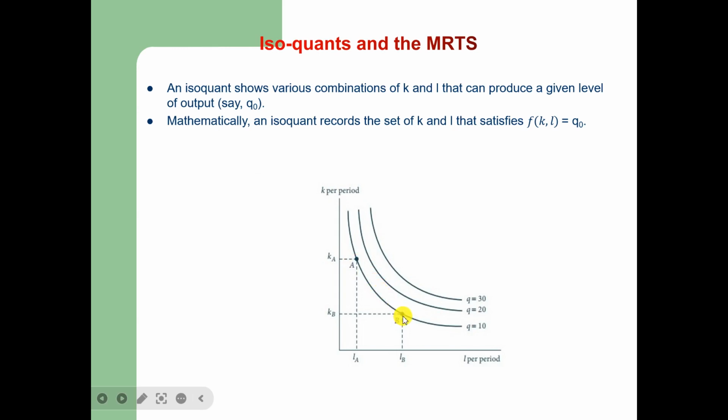There is another combination B, which implies LB units of labor and KB units of capital, and this combination also is capable of producing output level equal to 10. So all combinations on this curve will produce 10 units of output. Similarly, combinations on this isoquant will be able to produce output level equal to 20, and so on.